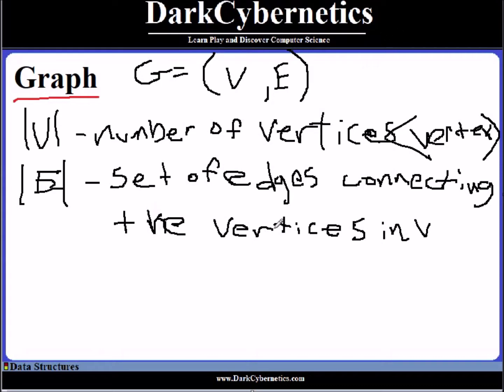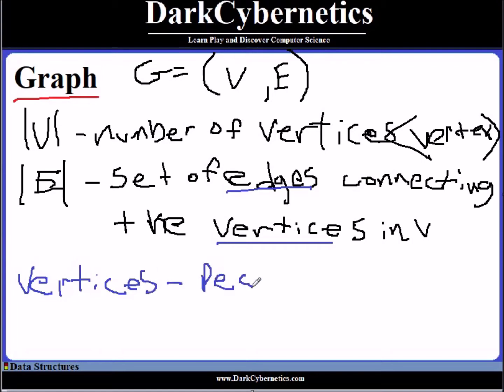We have a set of edges connecting the vertices, and these are edges, the vertices in V. So the vertices are the destinations, right?